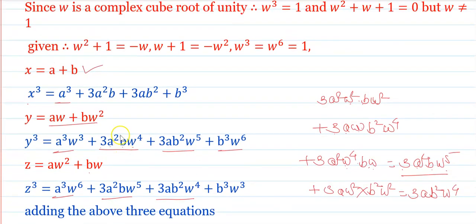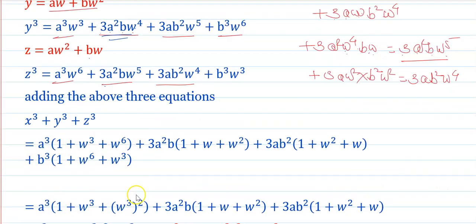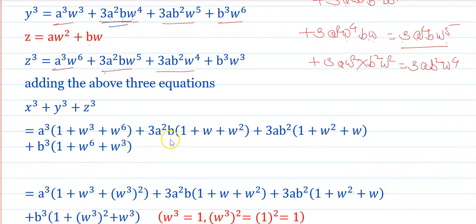Next, 3a square b, look here now, 3a square b, 3a square b, and last is 3a square b. Here what will remain, 1 omega raised to 4, omega raised to 5. Therefore here 3a square b in bracket 1 plus omega raised to 5. There is a 5.